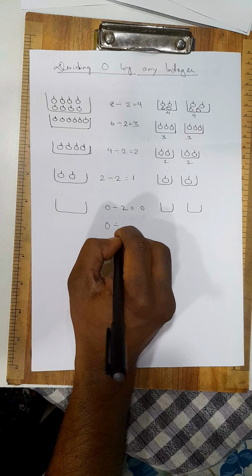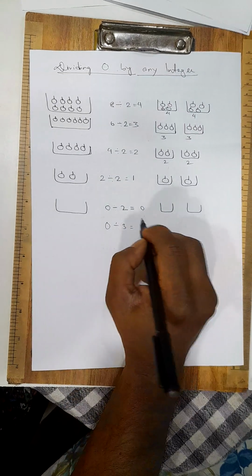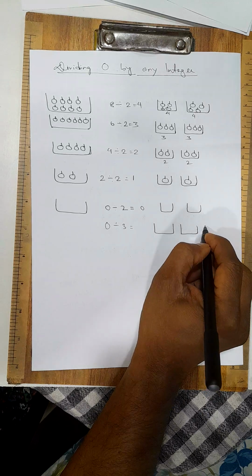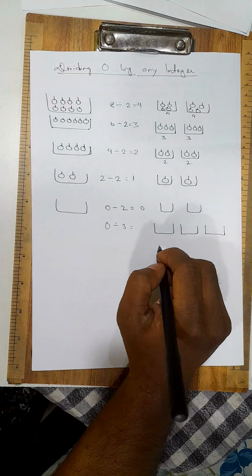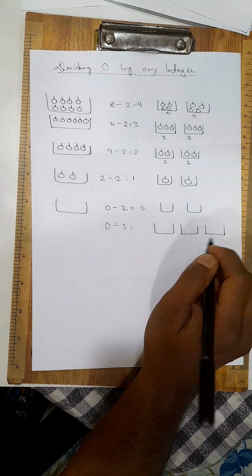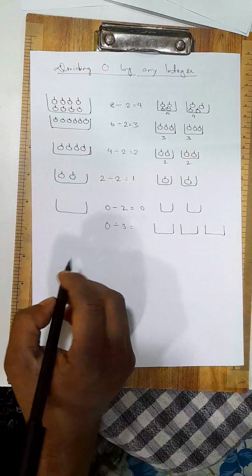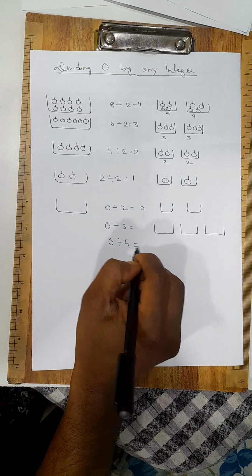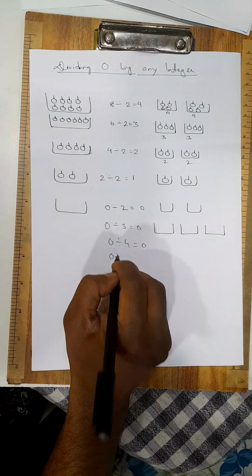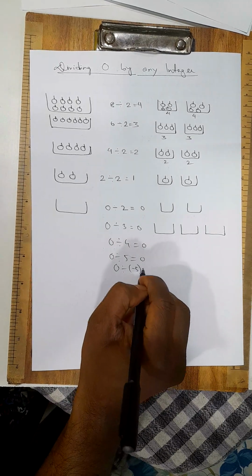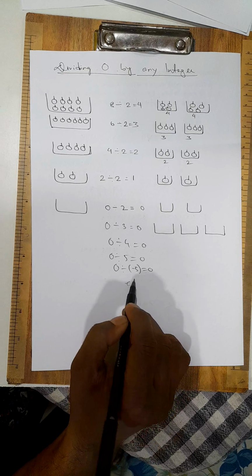Even if you divide it by 3, between 3 baskets, every basket will not receive any apple, right? So 0 divided by any integer is 0. 0 divided by 4 equals 0. 0 divided by 5 equals 0. 0 divided by minus 5 equals 0, etc.